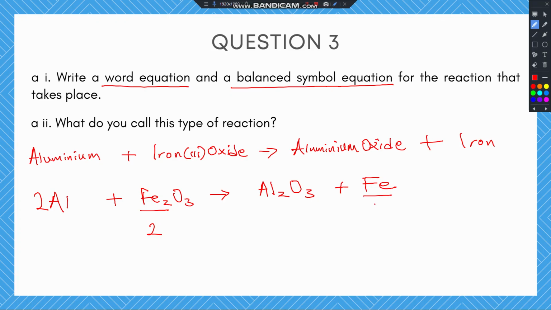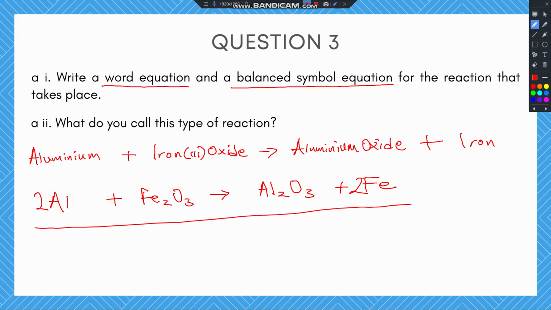On the right hand side we have just 1. So let's balance iron out by adding a coefficient of 2 over here. How about for oxygen? On the left hand side we have 3 and on the right hand side we have 3. So oxygen is balanced out. This is the balanced symbol equation for the reaction.